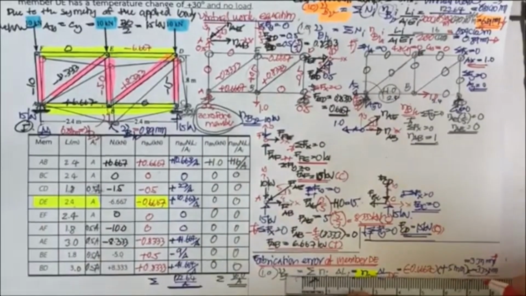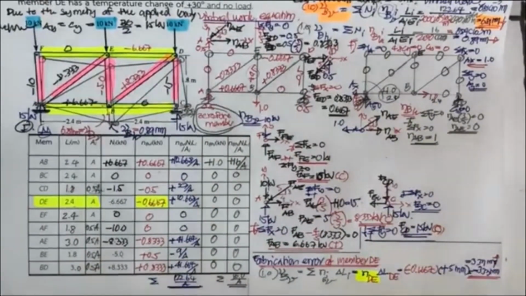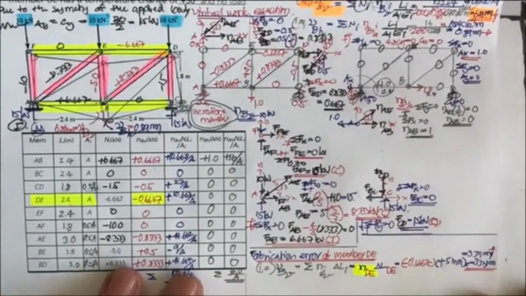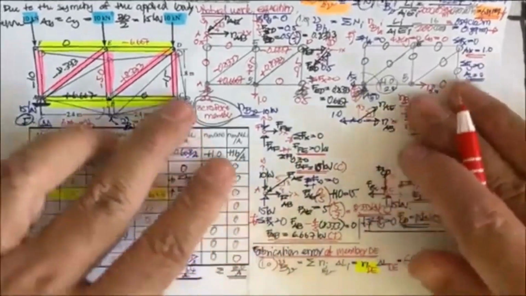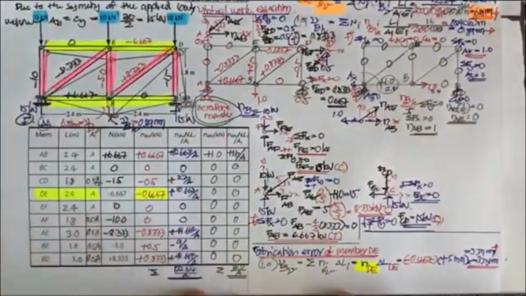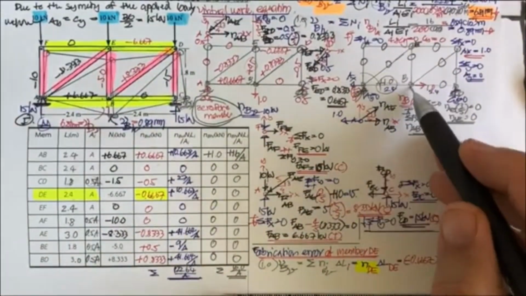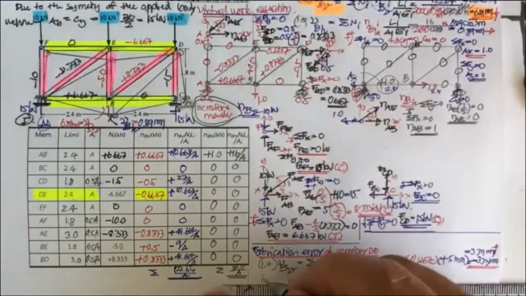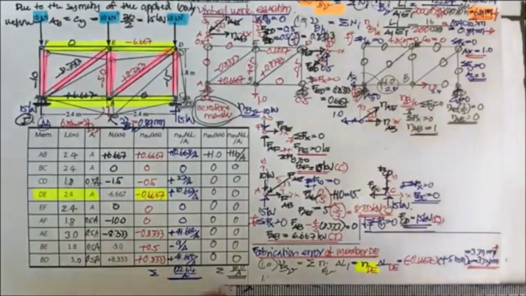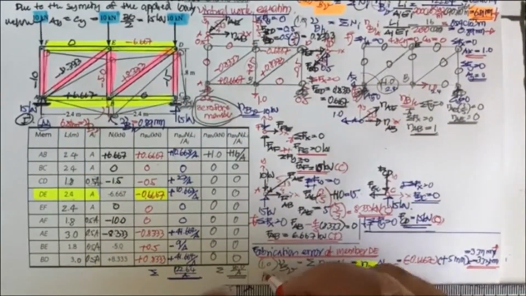So the deformation due to this is going to be upward. And then it asks us again for the horizontal displacement. So again we put the 1.0 here. 1.0.